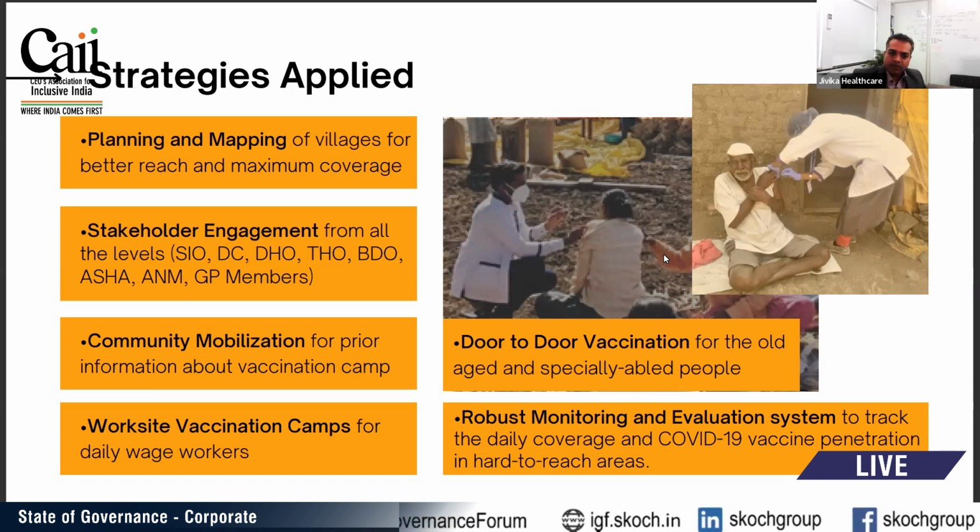So we work very closely with the state immunization officer, district health officer, Tehsil health officer, and at the grassroots level, we work with ANMs, ASHA workers, Anganwadi workers, and Gram Panchayat members in terms of connecting with the community residing in the particular villages.